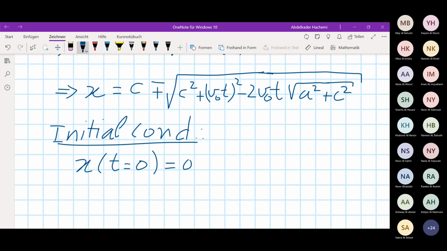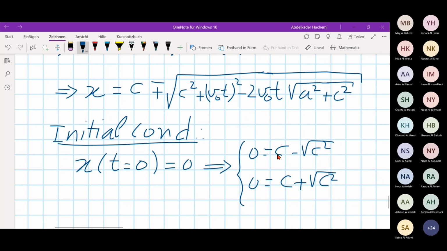Then we get two cases. If we replace in this equation, we get 0 equal to C minus the square root of C squared, and the second one, 0 equal to C plus the square root of C squared.